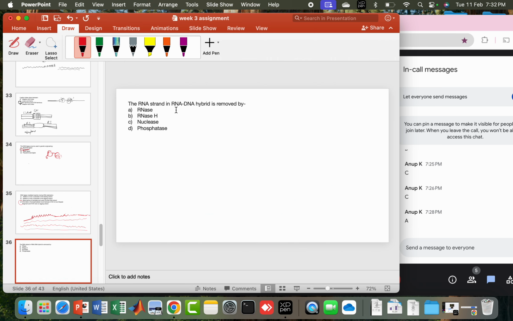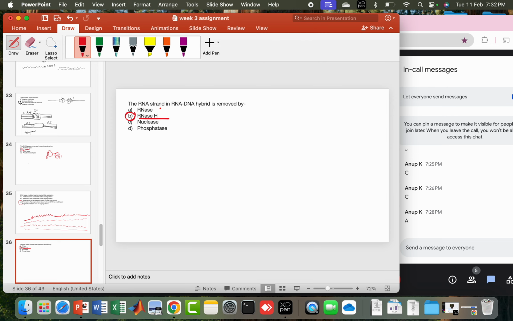The RNA strand in an RNA-DNA hybrid is removed by RNase H. Okay, the answer is B, RNase H. We can remove the strand by RNase H addition.